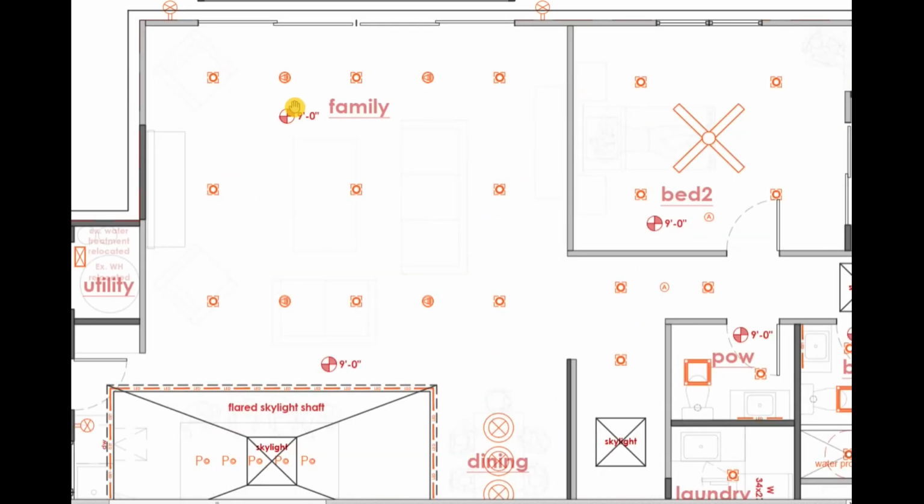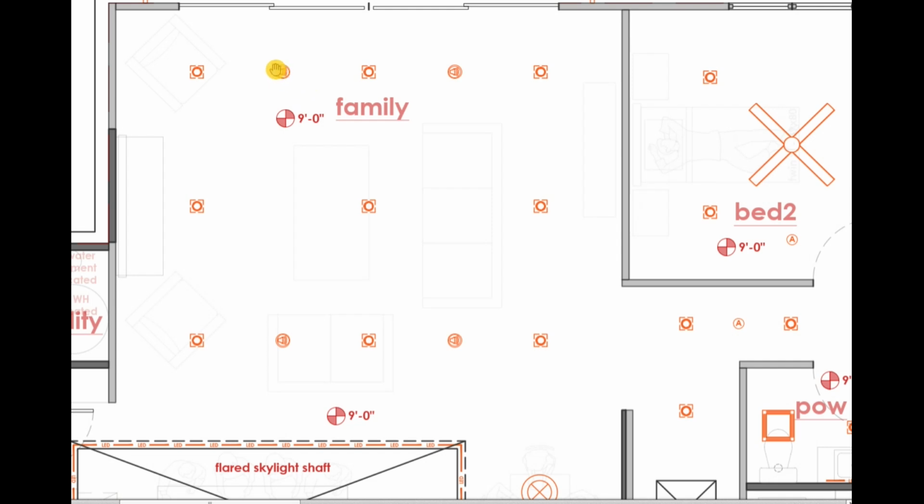If we look at the family room, I've gone ahead and shown a spot that I think makes sense for speakers. We have this nice simple grid in the family room of can lights, which I think is good for general lighting to light up the room.